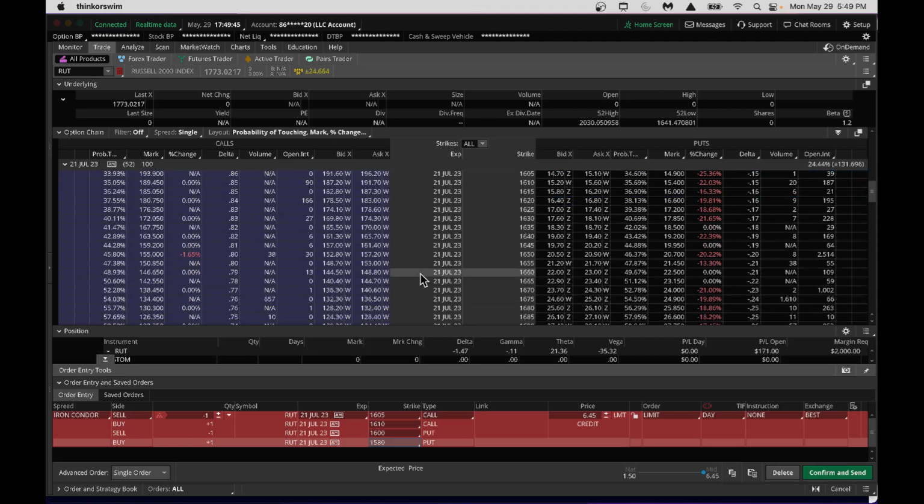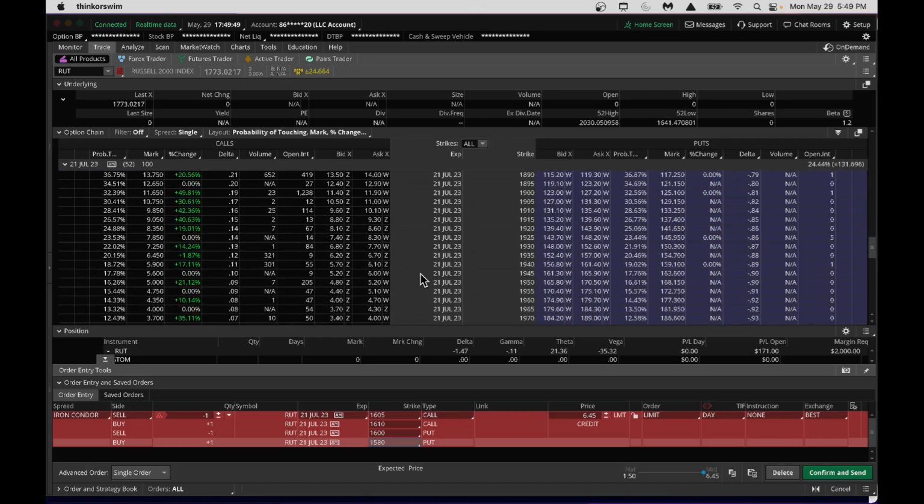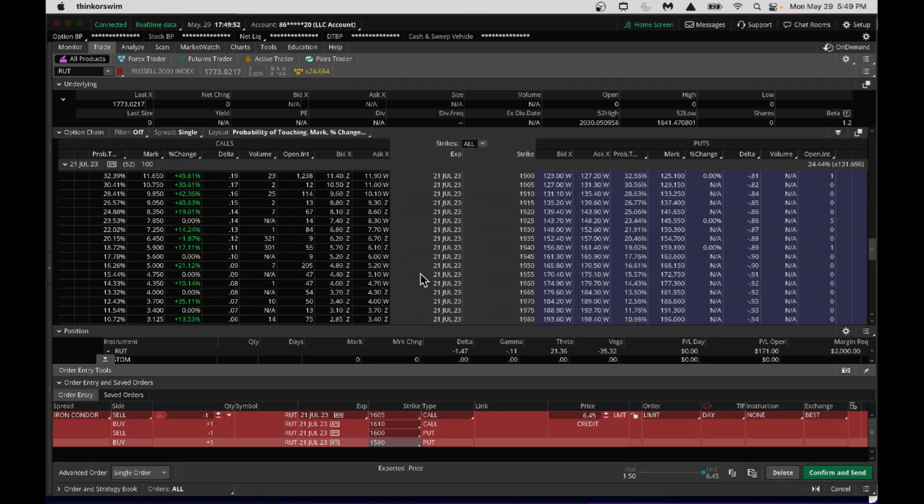On the call side, we'll go to delta 10. I don't want to be here on the call side because there's a chance that the stock market can go higher. It always has a higher drift, as many of you know. Look, we've got nice open interest here at delta 9. I will make sure this one is my short strike here, which is 1950.